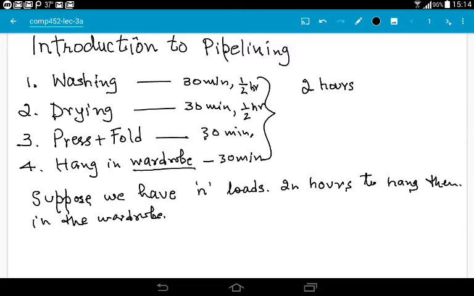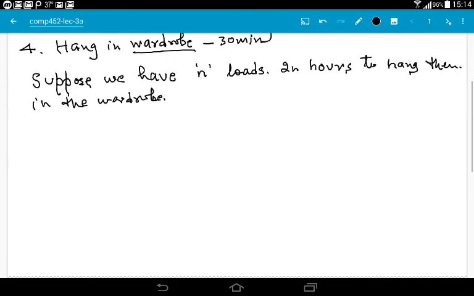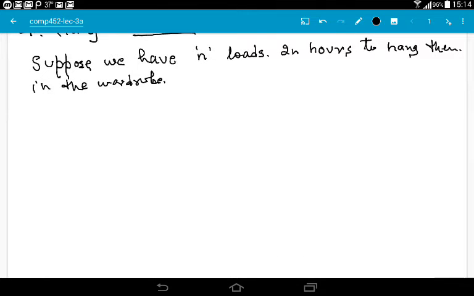Now let's graphically represent this. So we have half an hour for washing, half an hour for drying, another half an hour for pressing, and then another half an hour for hanging in the wardrobe.